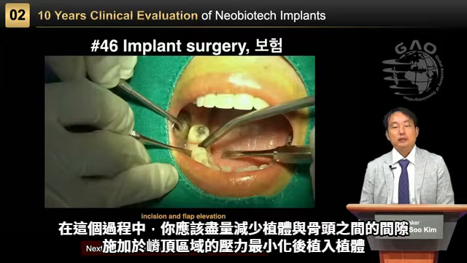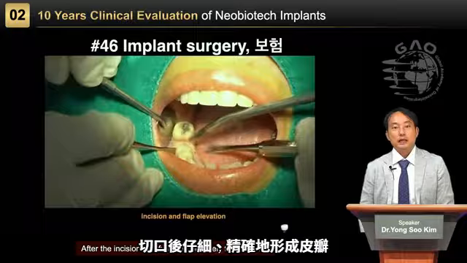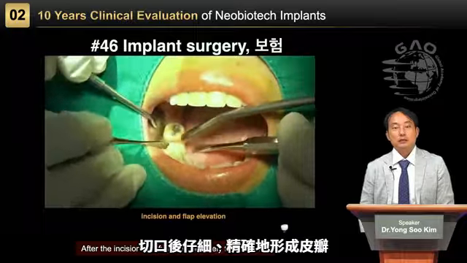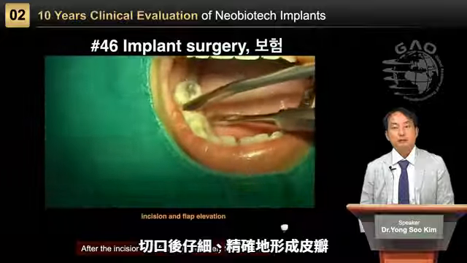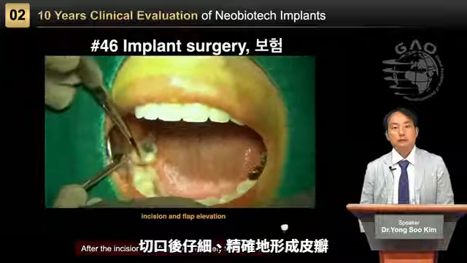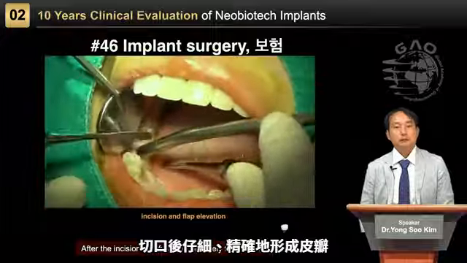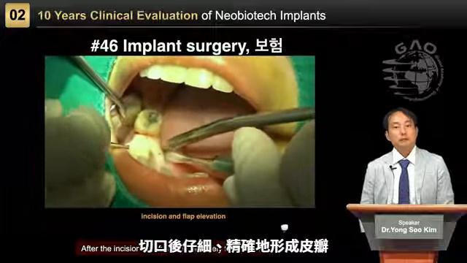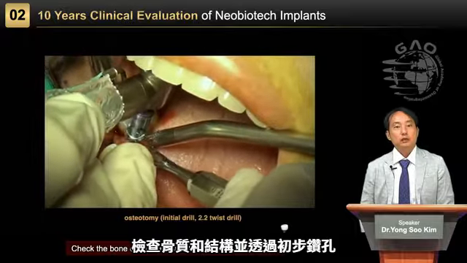Next is the process of placing the implant for tooth number 46. After the incision, carefully and precisely form the flap. Check the bone quality and structure through initial drilling.